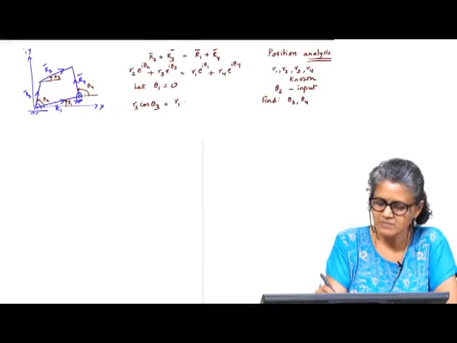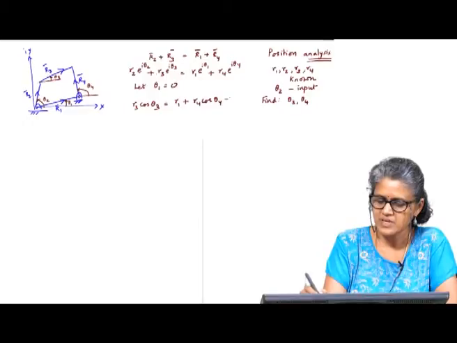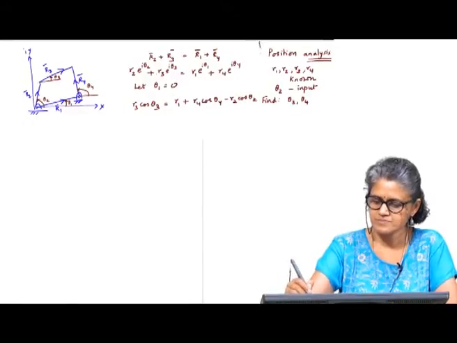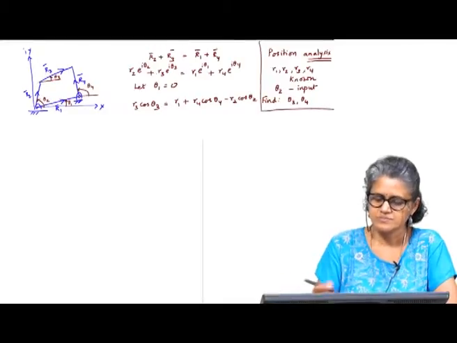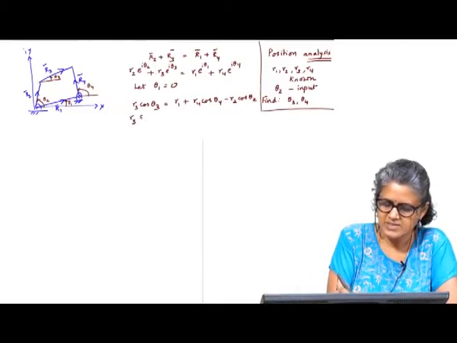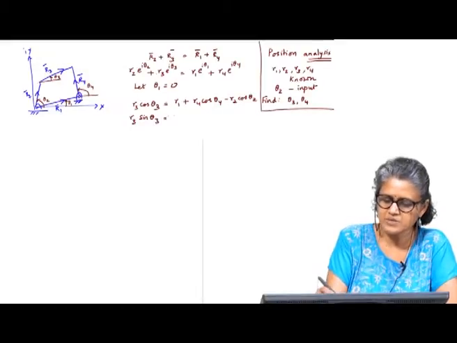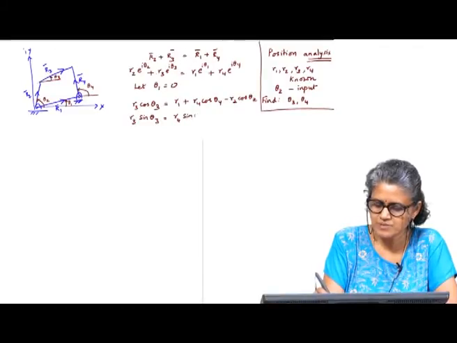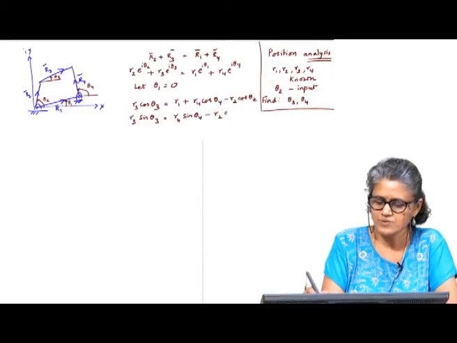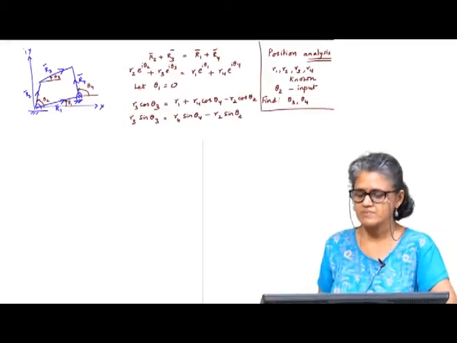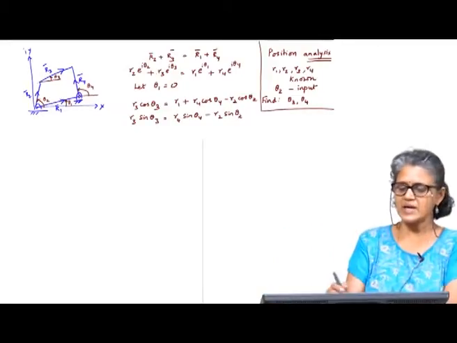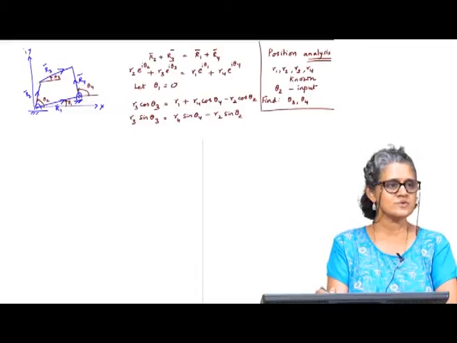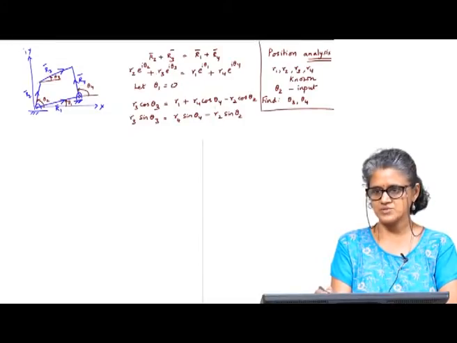So, I have r 3 cos theta 3 equal to r 1 plus r 4 cos theta 4 minus r 2 cos theta 2. Then I have r 3 sin theta 3 equal to r 4 sin theta 4 minus r 2 sin theta 2. Now, if I square and add, my only unknown will be theta 4 in these two equations.